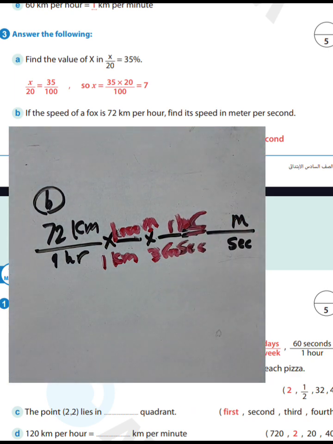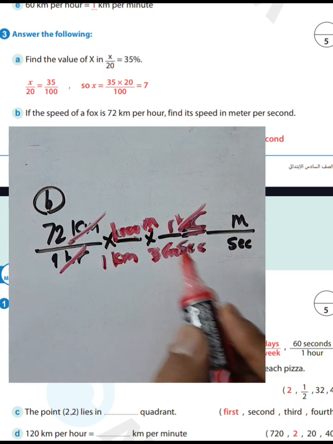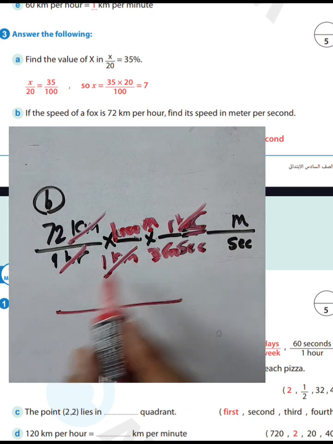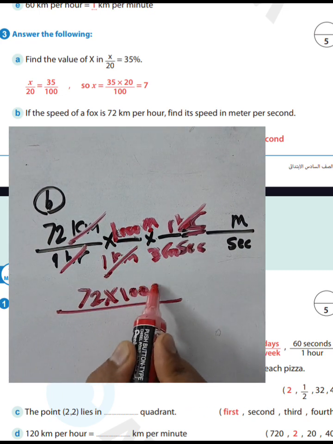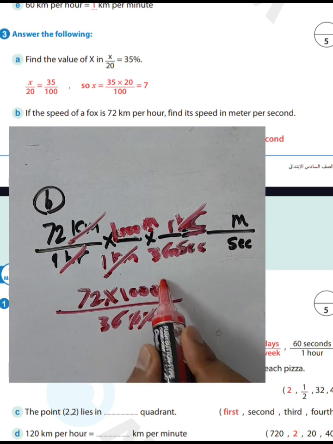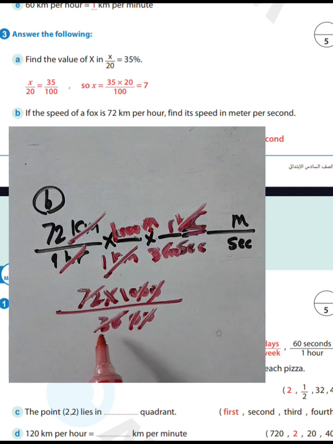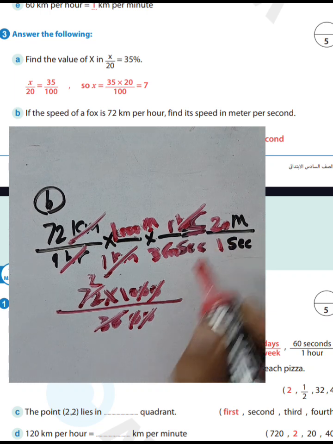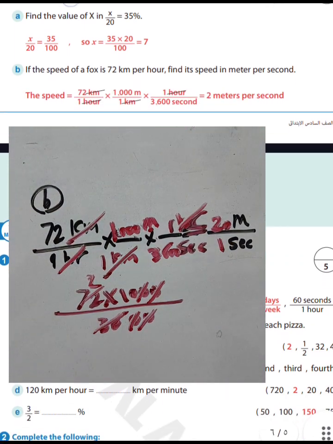You can cancel hour by hour and kilometer by kilometer, and the remainder is 72 times 1000 over 3600. You can cancel 00 by 00, and 72 divided by 36 will be 2, times 10, so it will be 20 meters per second.